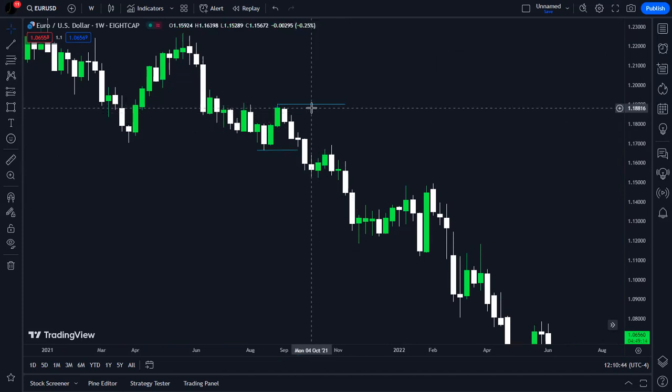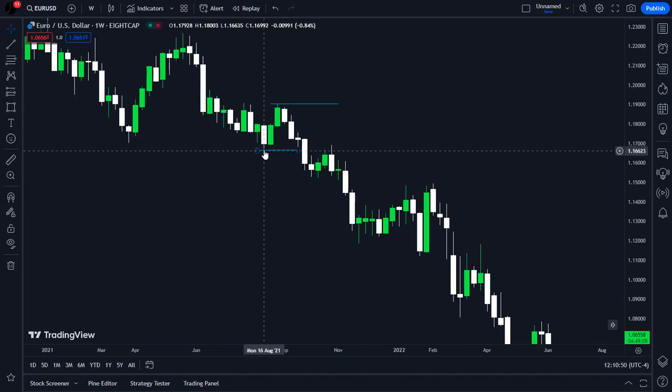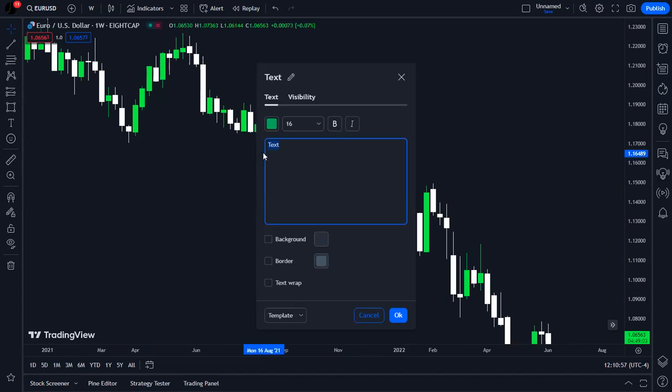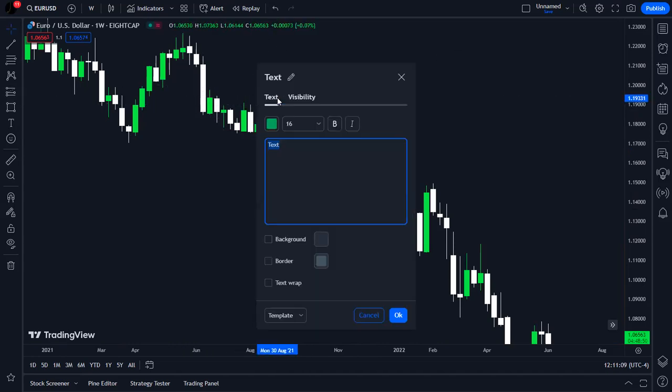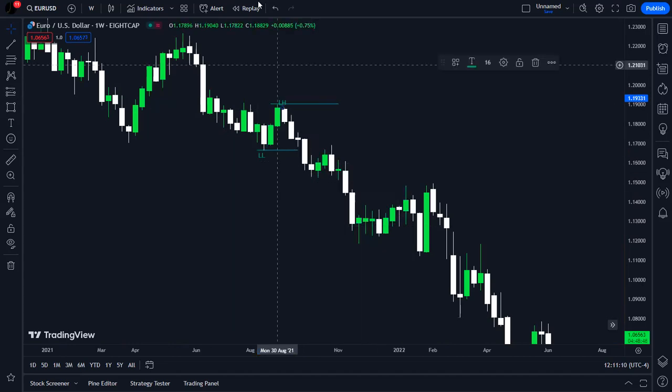Okay, so this is lower high. Make sure you mark the optimal points up here. So lower low, lower high. This is lower low right here. This is lower high up here. Lower high up here.